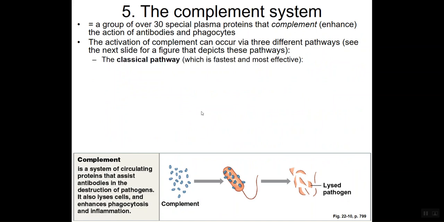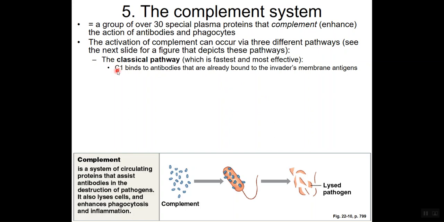We have the classical pathway, and I've got a picture of this on the next slide, so hopefully that will help illustrate, but let's go ahead and go through the words first. The classical pathway was the one that was originally discovered, hence classic or classical. So you can see it's also the most powerful and fastest of the pathways. And that's where antibodies are already attached to the bad guy.